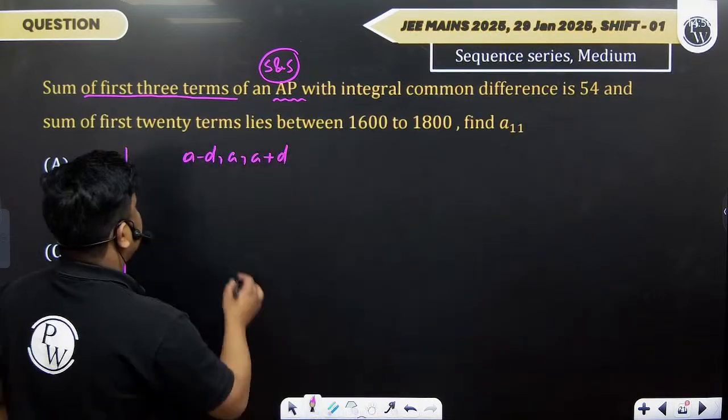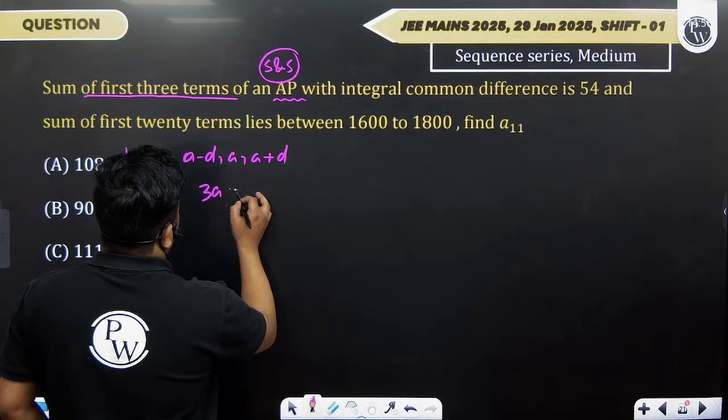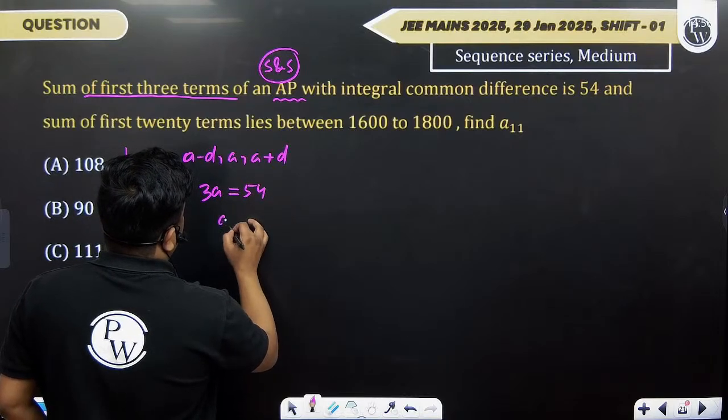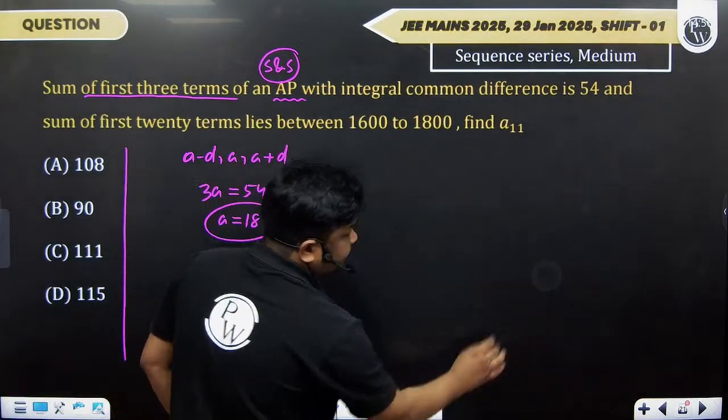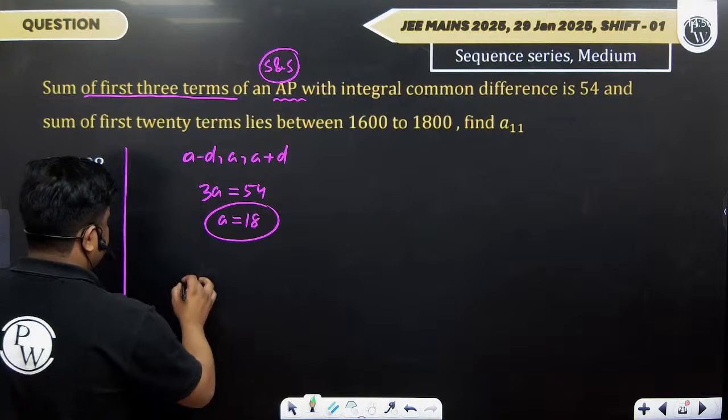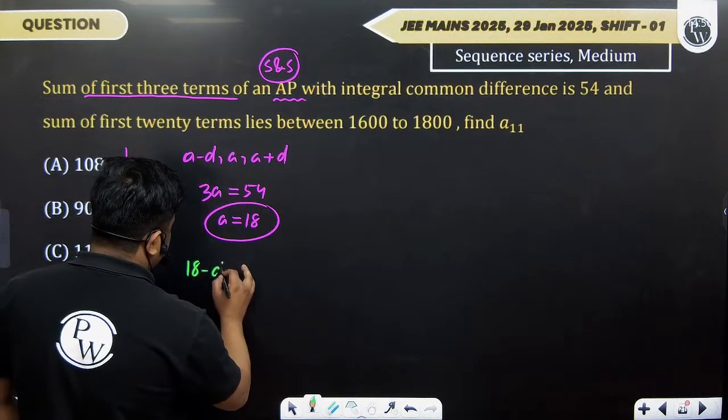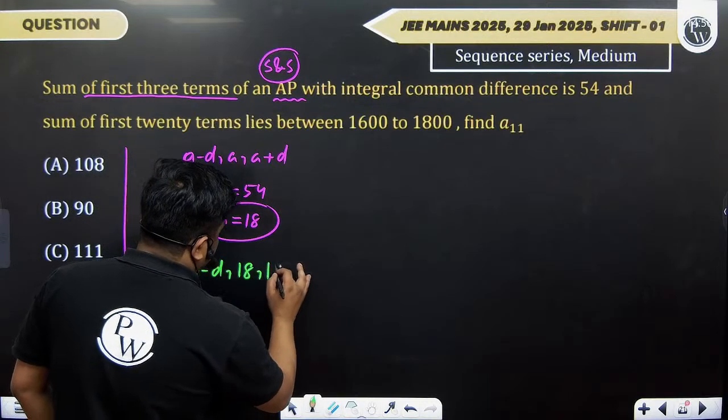When we add them, we get 3A as 54, which gives us A as 18. So once we have our A, we can write the AP as 18 minus D, 18 and 18 plus D.